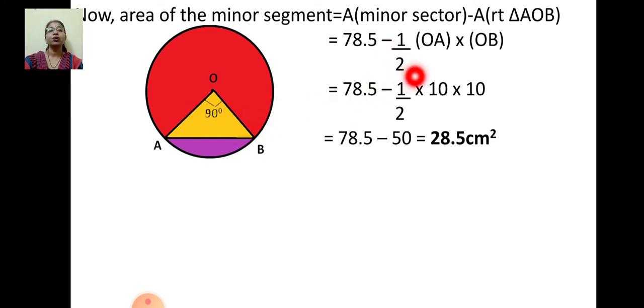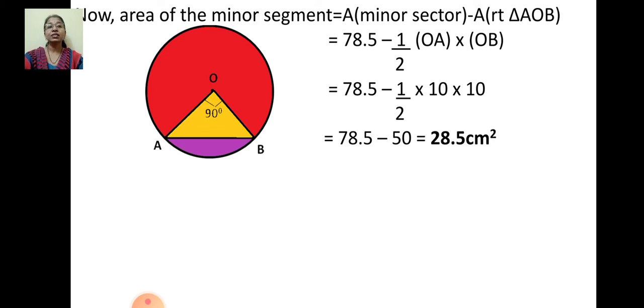So half OA into OB, so half into 10 into 10. Simplify this, so you will get 78.5 minus 50, that is equal to 28.5. So in this way you will get the area of this purple color minor segment.